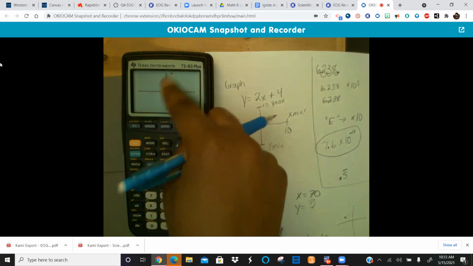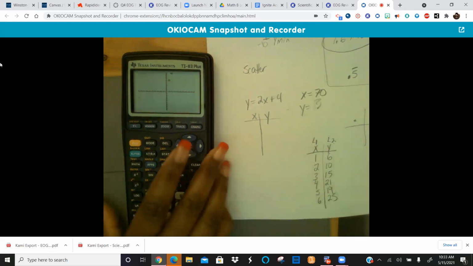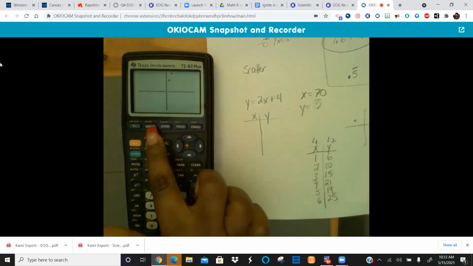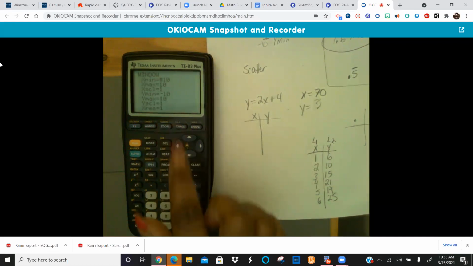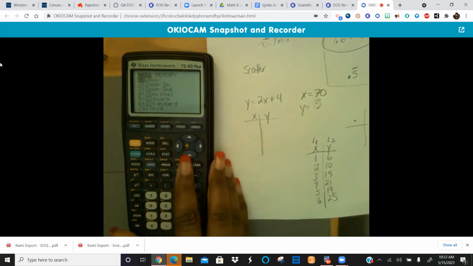So you see how all my points didn't show up because those numbers are bigger than 10. Okay, so this is what you could do. You can go to window and change your X and Y axis yourself, or you can go to zoom fit and allow the calculator to choose the best coordinate they think.